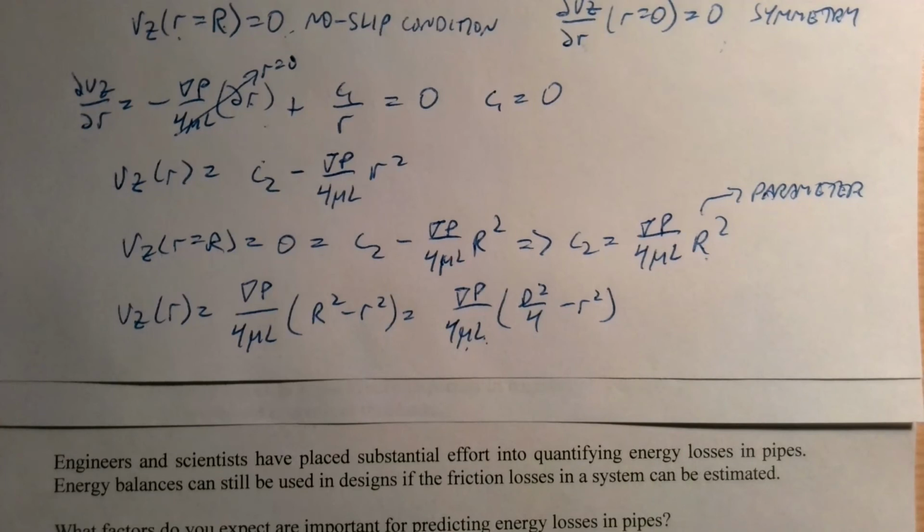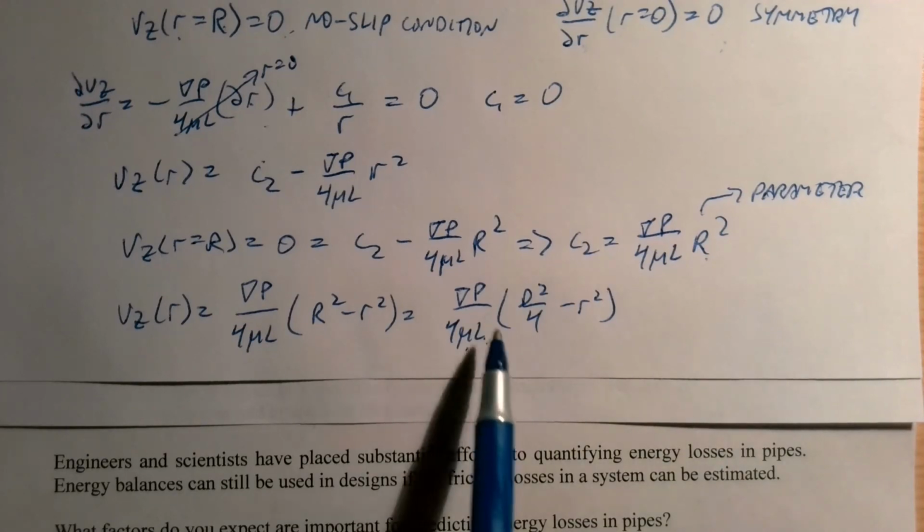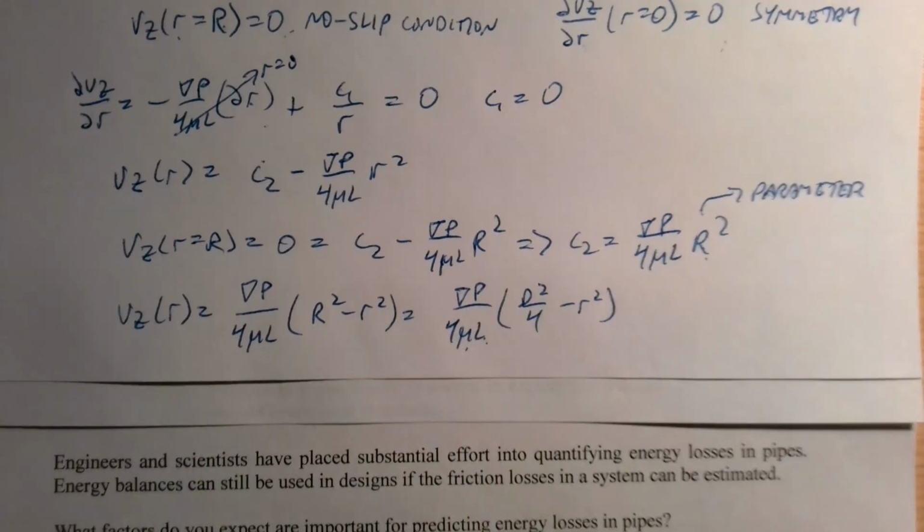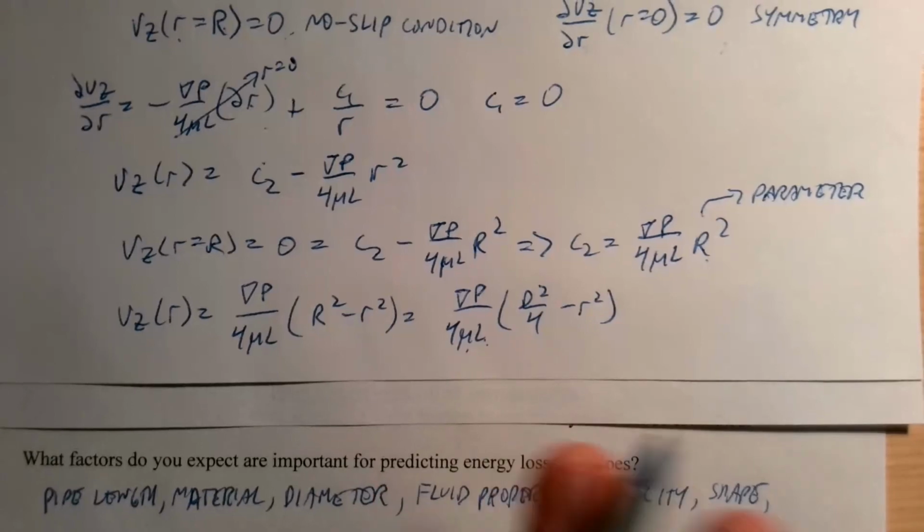This is something that we've talked about in the previous chapters, and what we want, remember, is to come up with a way to predict the energy losses so that we can do engineering designs, okay? But we have to have all this theory to come up with an equation we can use. And once we have the velocity, we can now go and come up with a formula for the friction factor, and we'll do that in the next video.